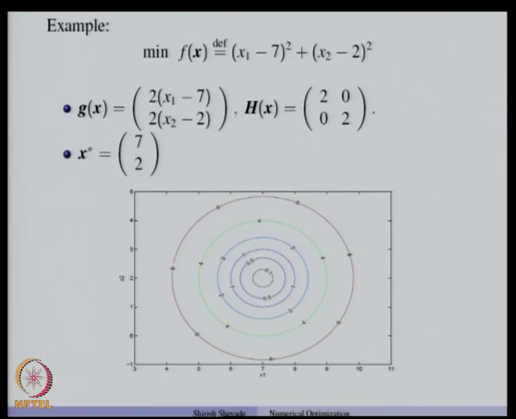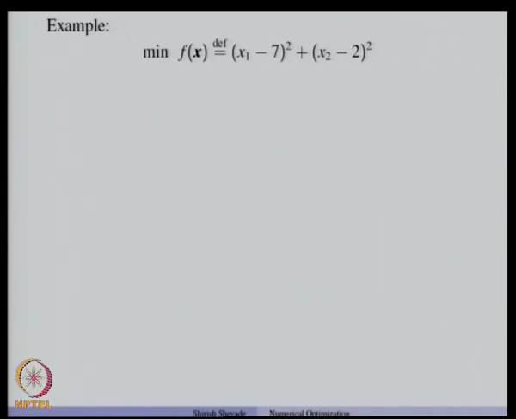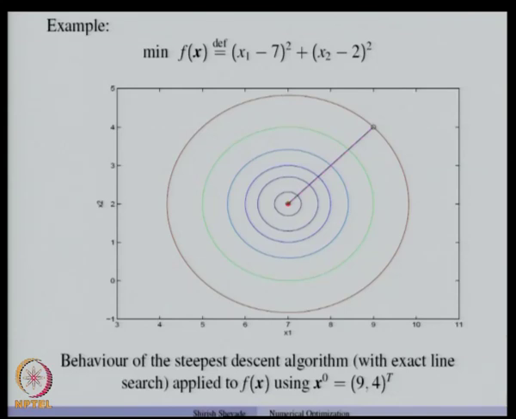Let us apply the steepest descent method to this objective function. Suppose we start from the point 9, 4 and apply steepest descent with exact line search; you will see that in one step we have reached the solution.